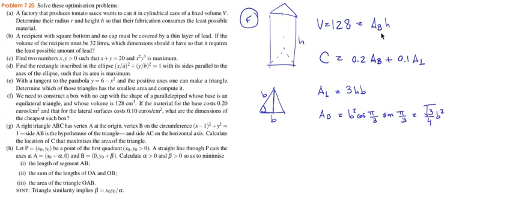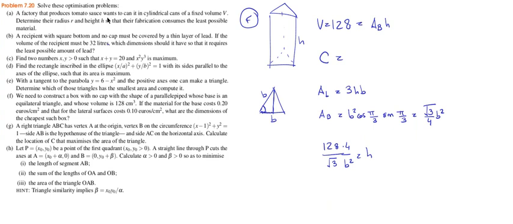And now we have 128 divided by the square root of 3 over 4 times B squared is equal to H. So we want to express that. And so we have our function C; let me express it here, substitute.